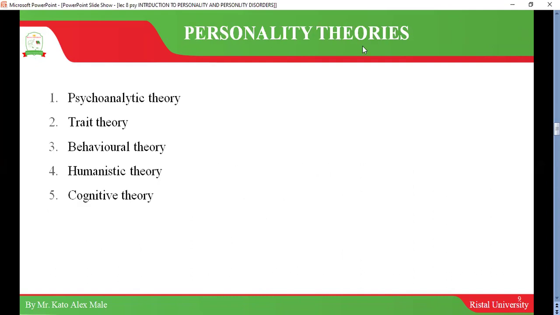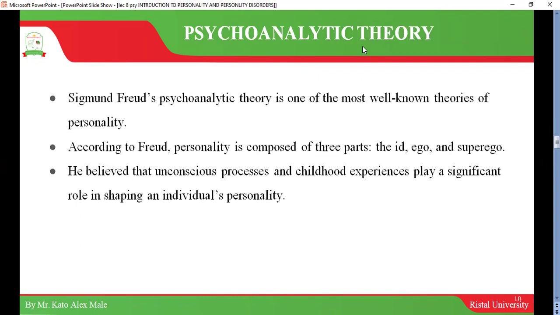Now personality theories. We are going to look at these five theories. We have looked at them before in a certain lecture. However, we are going to describe them now in relationship to personality. To start with, the psychoanalytic theory, by Sigmund Freud. He says personality is composed of three parts: the id, the ego, and the superego.